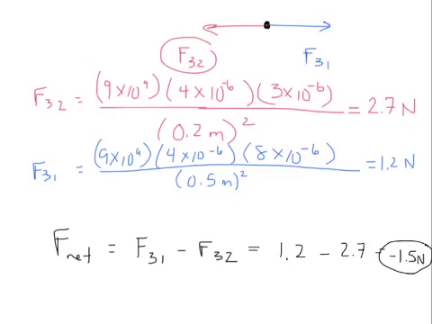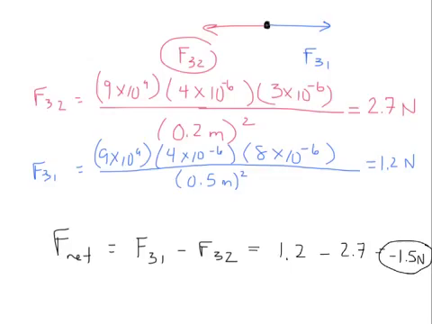And if Lou pushed more than I did, it would end up moving to the left. That's what's happening here. F31 is the first particle wanting to push it over. F32 is the other particle pulling it back. Well, F32 happened to be bigger, so it's going to be pulled back in the end to the left. Hence, we have a negative sign here.